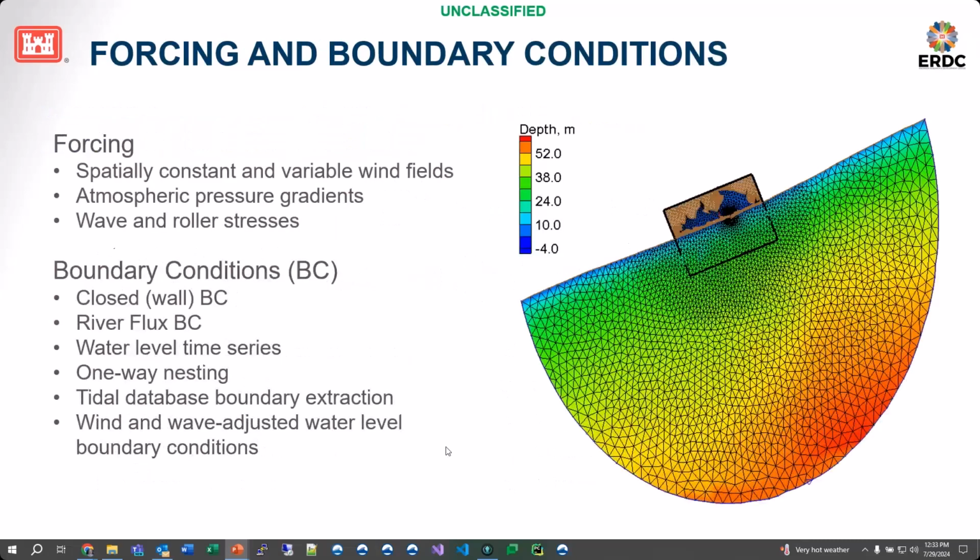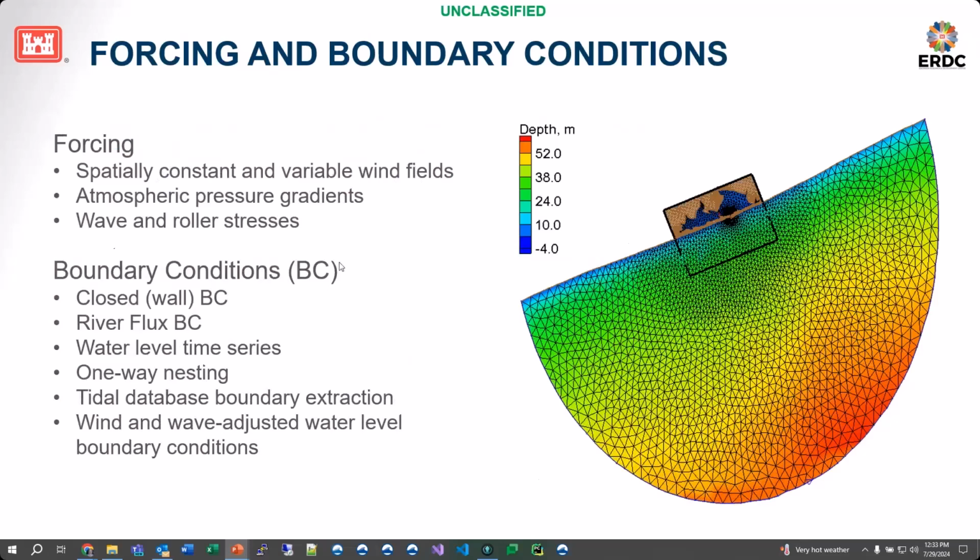Different types of forcing. We have spatially constant and variable wind fields. We can handle wind fields that have atmospheric pressure gradients. We can also turn on wave and roller stresses and get some of the asymmetry due to waves in a limited way because we are a 2D depth averaged grid.